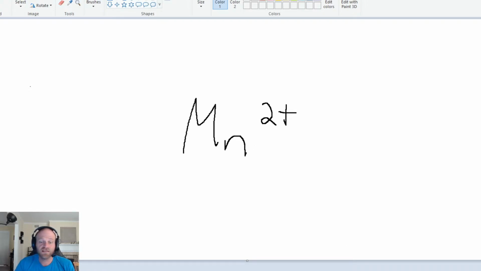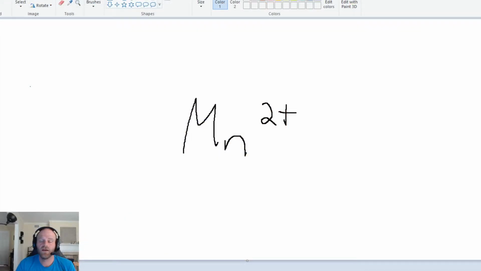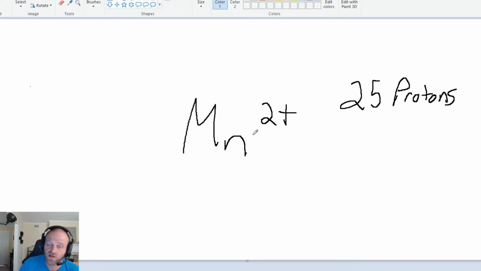All right, the process is go to your periodic table, right? Look at the atomic number of manganese, which is 25. I'll go back to my paint program and I'll put 25 protons, right? Because whatever the element is, that's how many protons it has. So I'm starting from there. Now I need to figure out how many electrons it has.